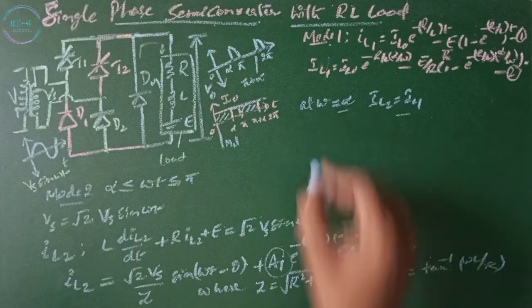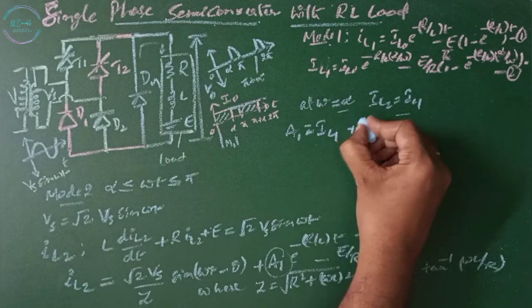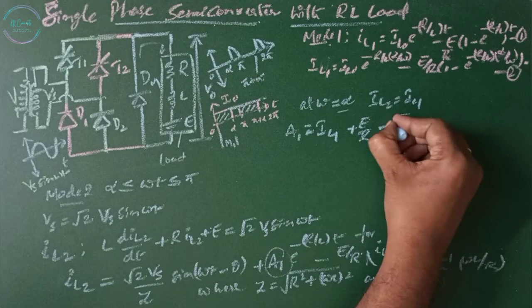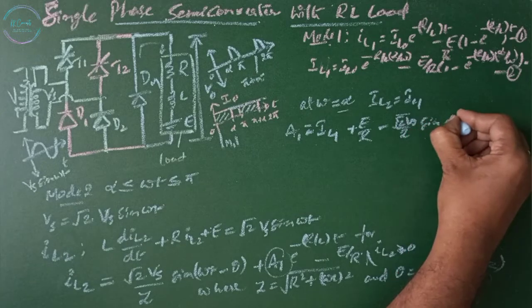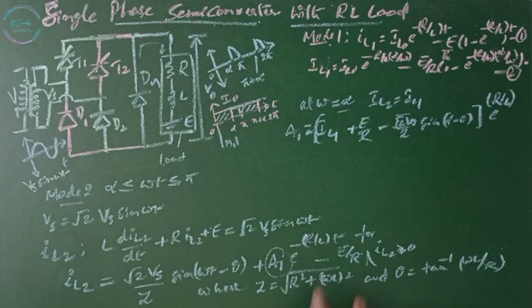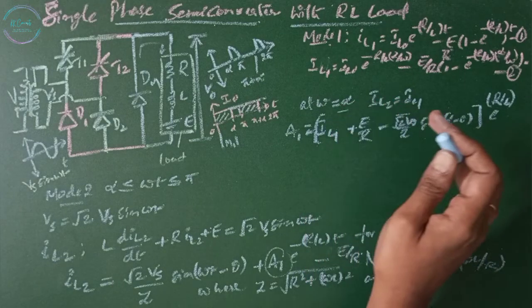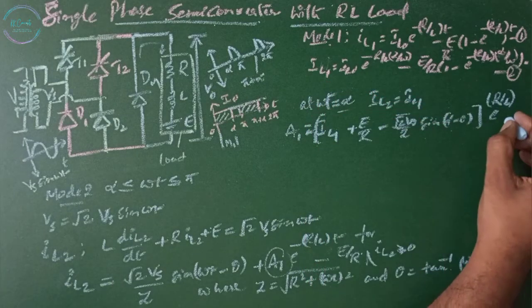Substituting, we get A1 equals IL1 plus E by R minus root 2 Vs by Z sine alpha minus theta, times e to the power of R by L t, for the initial condition that omega t equals alpha, so t equals alpha by omega.